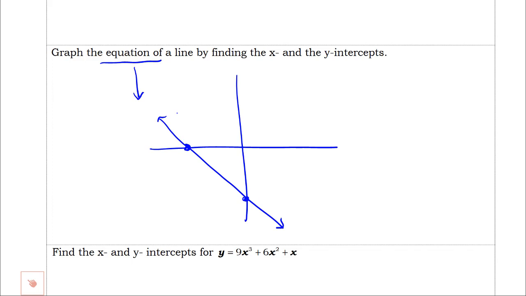And so you find from the equation, to find the x-intercept, what do you have to understand? If you're on the x-axis, you don't go up, you don't go down, you're on the x-axis, so y is 0, right? You don't go up or down. And to find the y-intercept, you don't go left or right, which means x is 0.